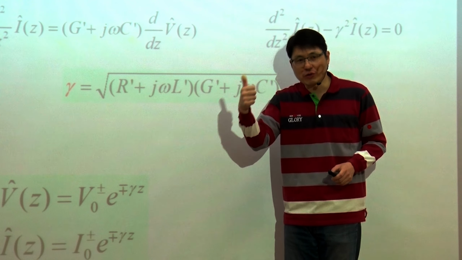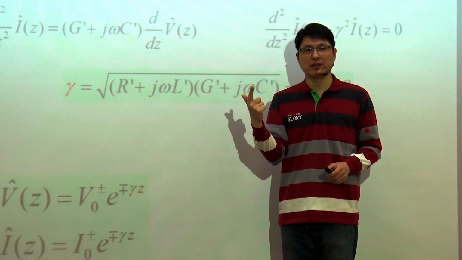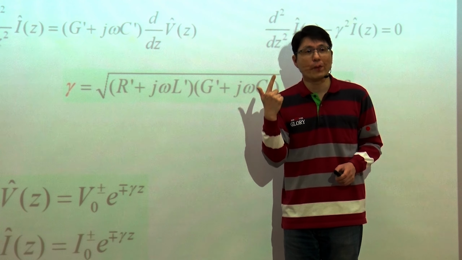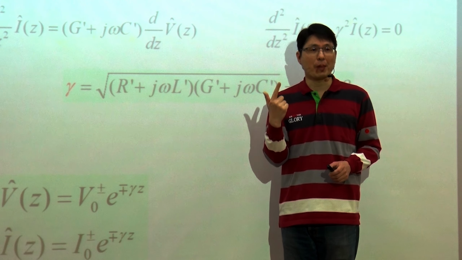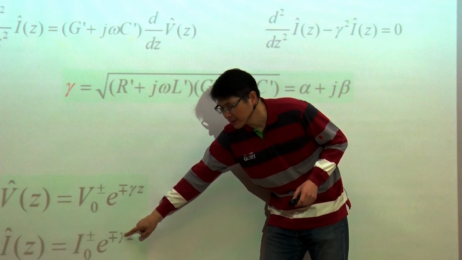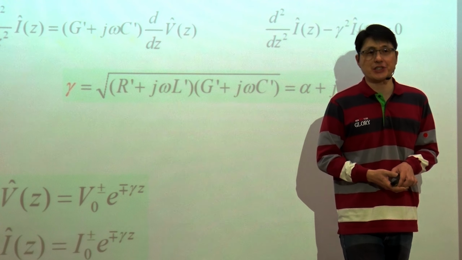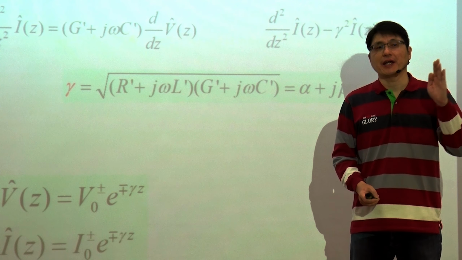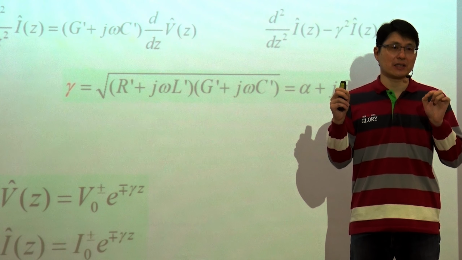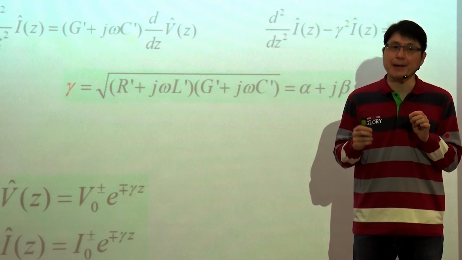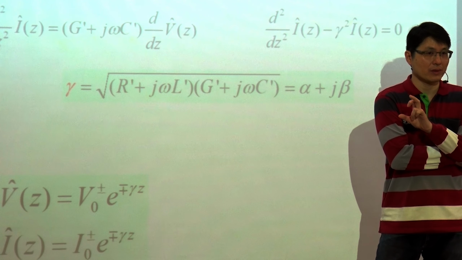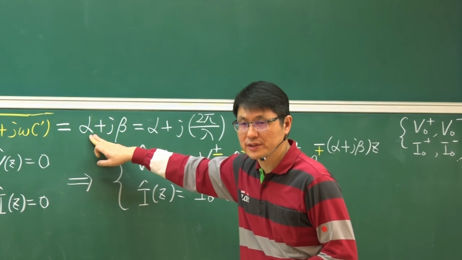No matter whether it's voltage or current, positive propagating or negatively propagating, they are all having the same propagation behavior. They share the same gamma value. So this is telling you voltage and current, they have the same attenuation coefficient and they have the same effective wavelength on the transmission line. Right? So it's very important.